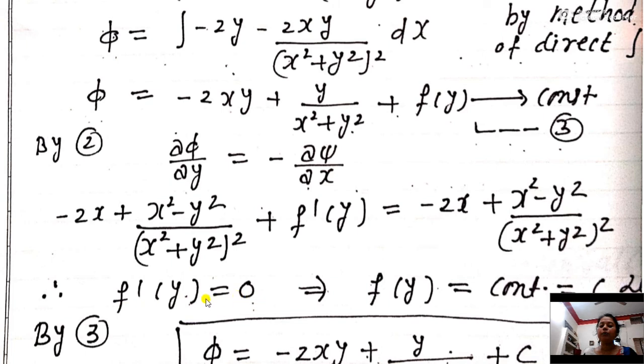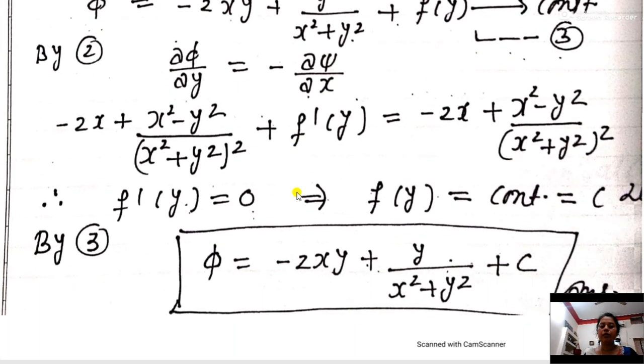When we integrate both the sides, the value of fy will be a constant, since integration of 0 is a constant. So the value of fy is equal to c. Put the value of fy in equation 3. So by equation 3, we have our real part phi is equal to minus 2xy plus y upon x square plus y square plus c.